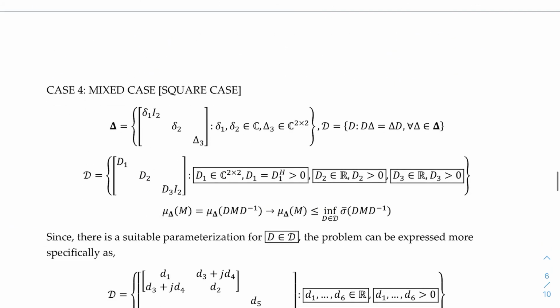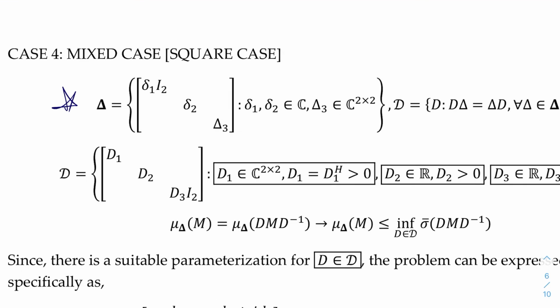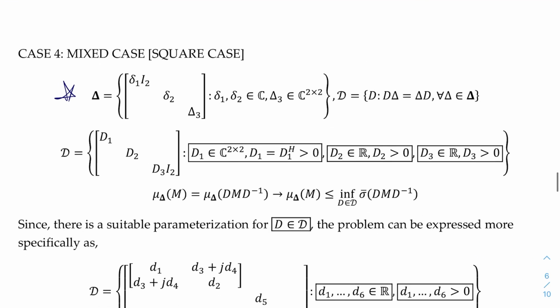Now we are going to consider an uncertainty case where we have repeating diagonal uncertainty, and a scalar uncertainty, and a 2 by 2 unstructured sub uncertainty.